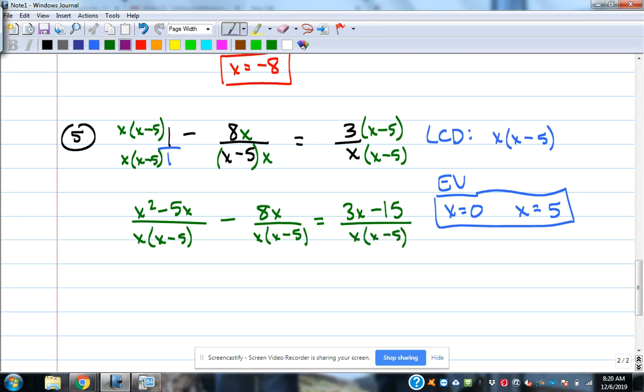Once you've got the denominators the same and the numerators all multiplied out, set up your equation with just the numerators. You're going to see as you get into this, there are a few steps you could skip, like rewriting this. Some of you may be able to skip that step if you feel comfortable doing that.